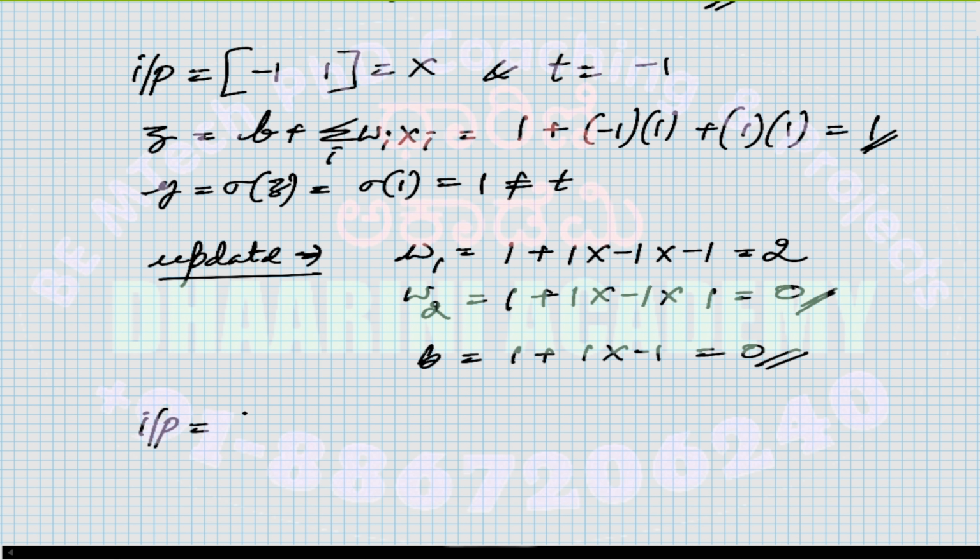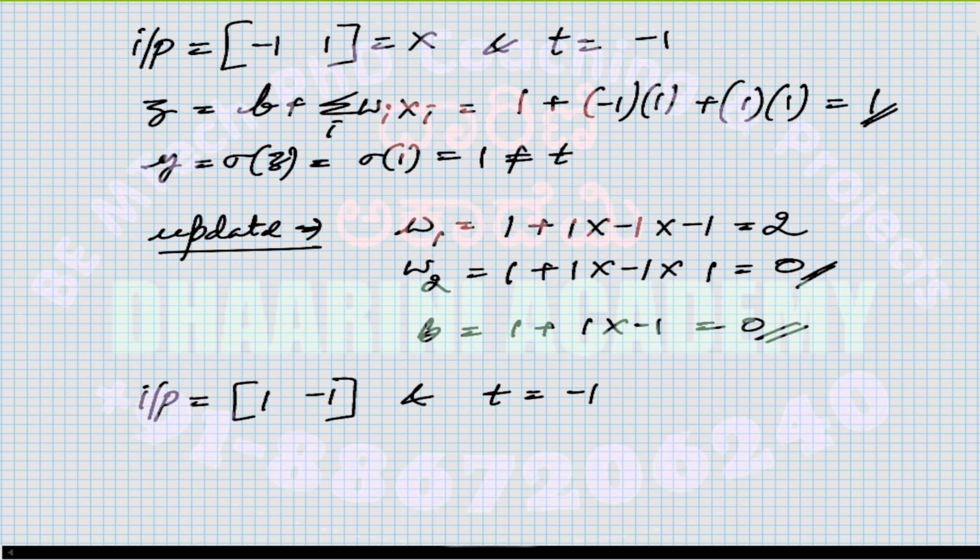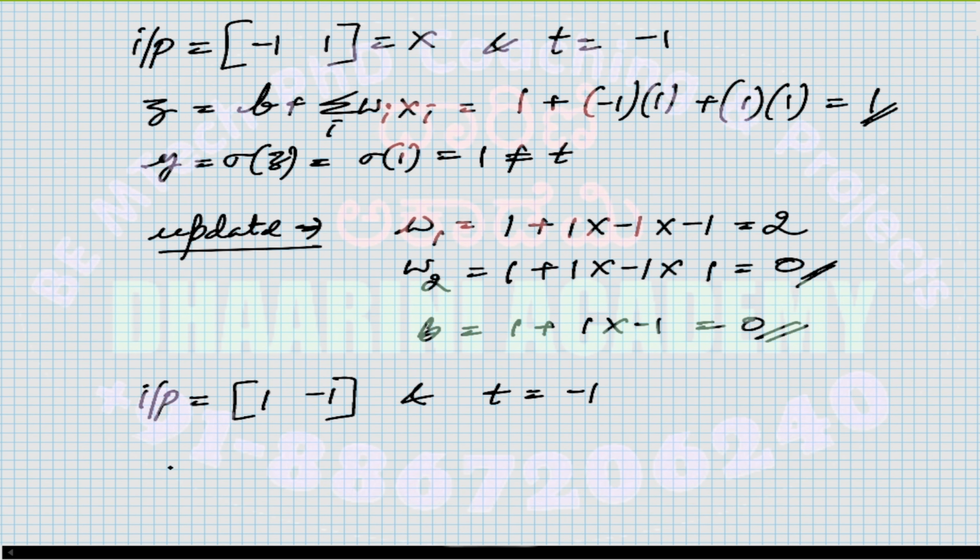What's the third input? If you check that, third input is 1, -1 from the table. And what is the target? -1. Okay, so this means I have to calculate, repeat the steps with these values. So z is equal to b plus summation xiwi.